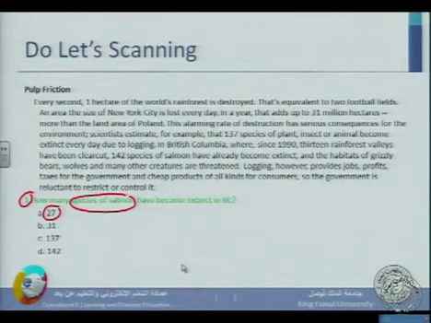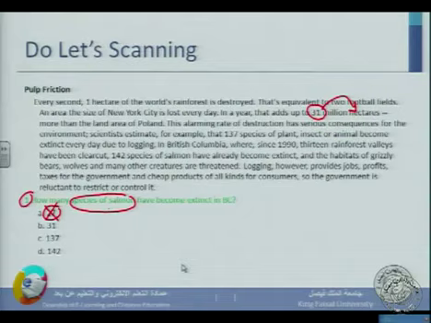Okay, so it's not there. 31, it's right here. But 31 here is talking about the hectares. It is not talking about species of salmon.